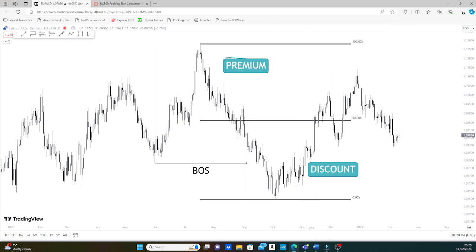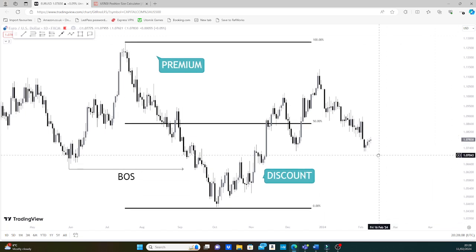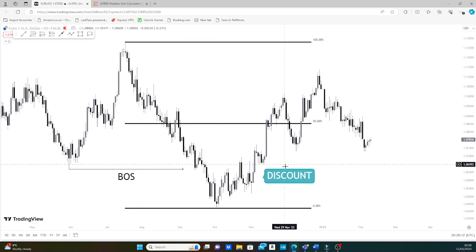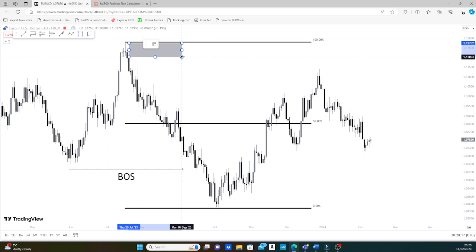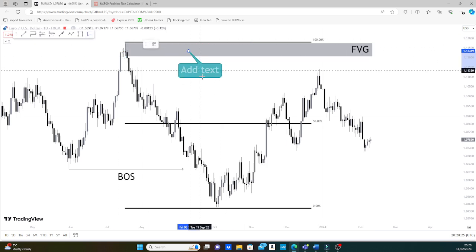What we're looking for is areas of inefficiencies and weak structures in this region. And this is a bit of a EUR/USD outlook as well. Because we have a fair value gap right up here at the top, we have an inefficient candle over here, and we have an inefficiency or imbalance over here. This is our fair value gap in the premium. Notice how this is in deep premium.